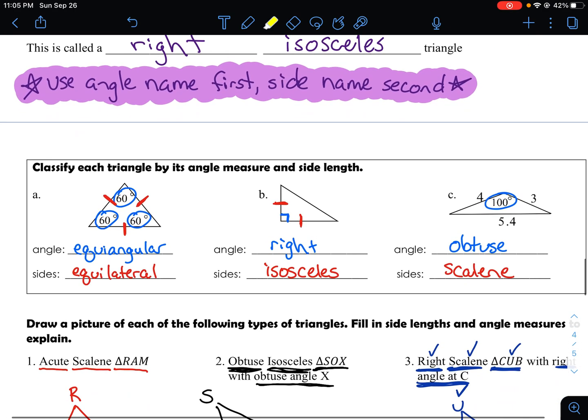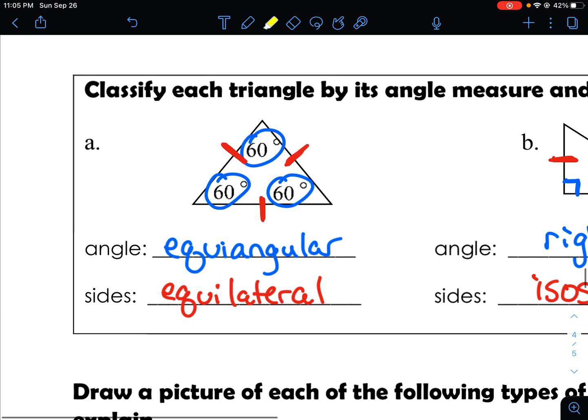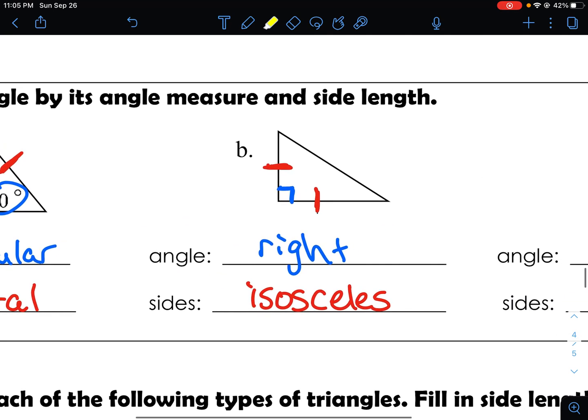As we continue to look at more examples here, okay, we see that we've got three sides that are the same and three angles that are the same. Therefore, when everything is the same, it's equiangular, equilateral. We look over here, we had a 90-degree angle, and these two sides were the same.